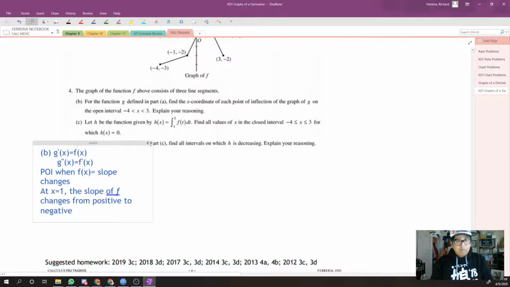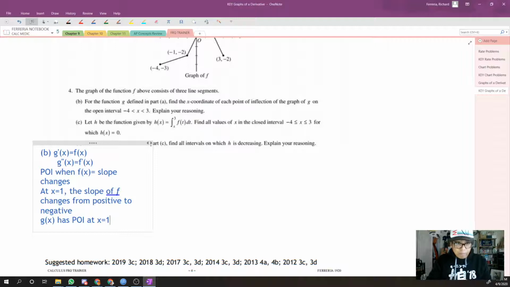At x equals 1, the slope of f changes from positive to negative. Therefore, g of x has a point of inflection when x equals 1. Okay, and I think that's all we need. Did we explain our reasoning? Yeah, we did. Our reasoning has to do with the second derivative of g.